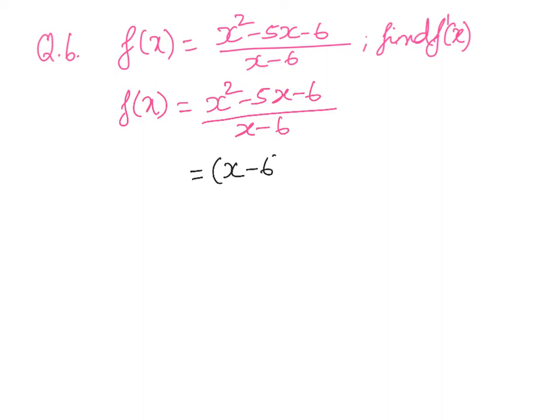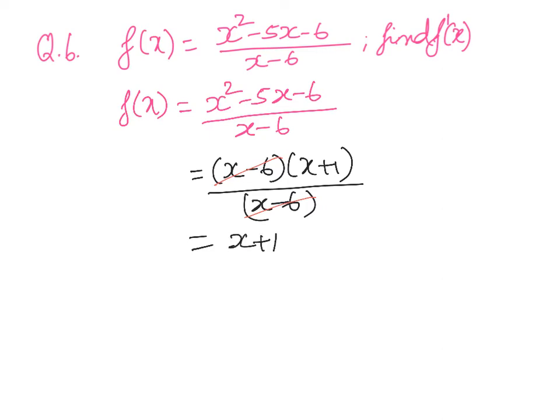So it's x minus 6, x plus 1 divided by x minus 6. Now this x minus 6 I can actually cancel out, right? Because of that I reduce my expression to x plus 1. So my key here is factorization.